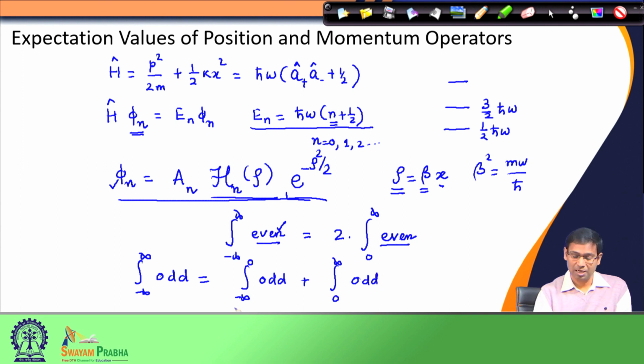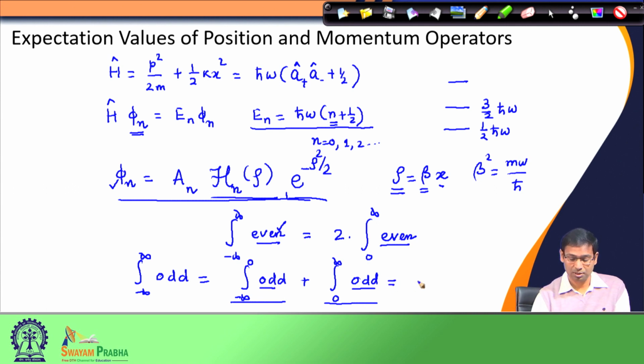So, in this case I have 2 integrals, but since the function is odd, the value of the first term is going to be the negative of the value of the second term. Why is it so? Because we said that the function is an odd function.